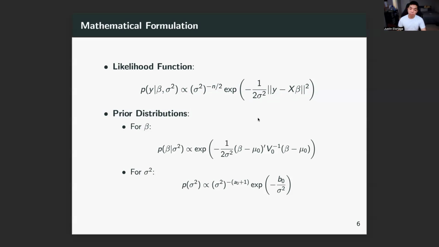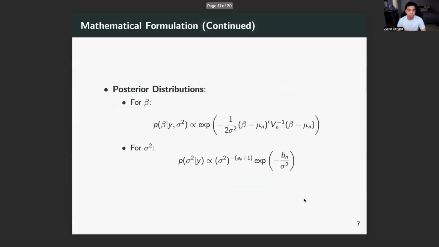Next, in order to operationalize this, we would need prior distributions. Our prior for beta is proportional to this term here. And our prior for the error variance looks something along these lines, typically following an inverse gamma distribution.